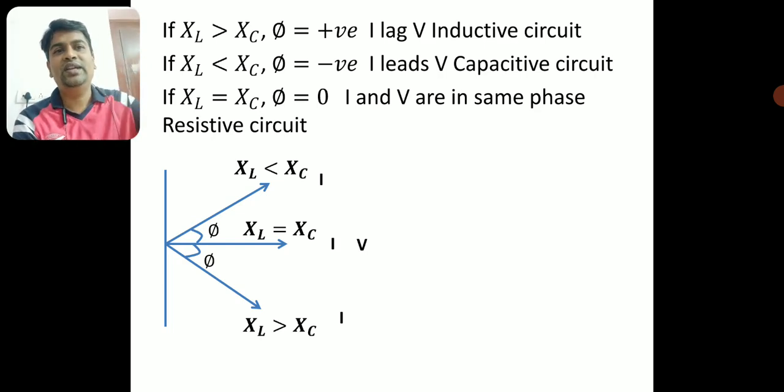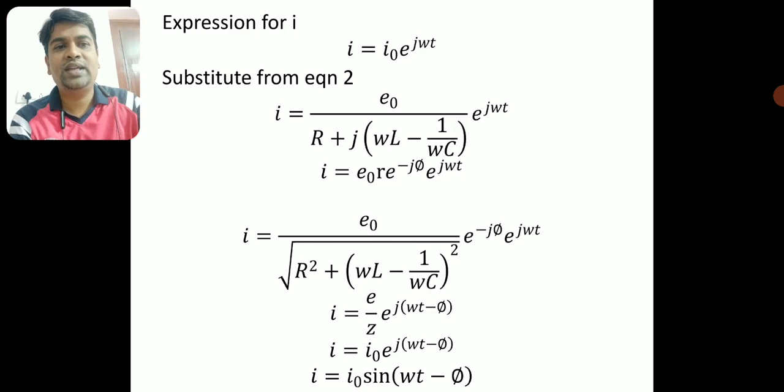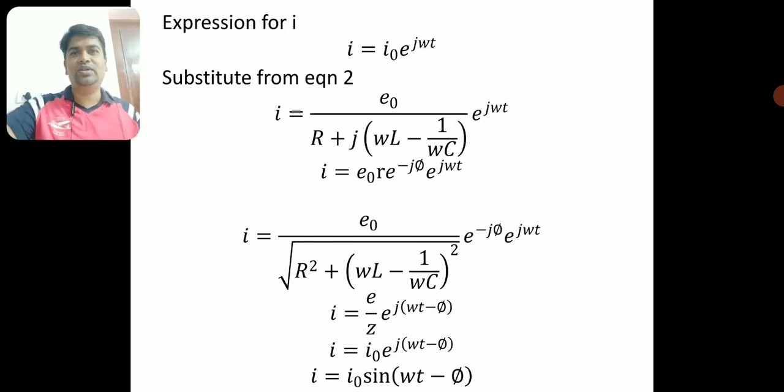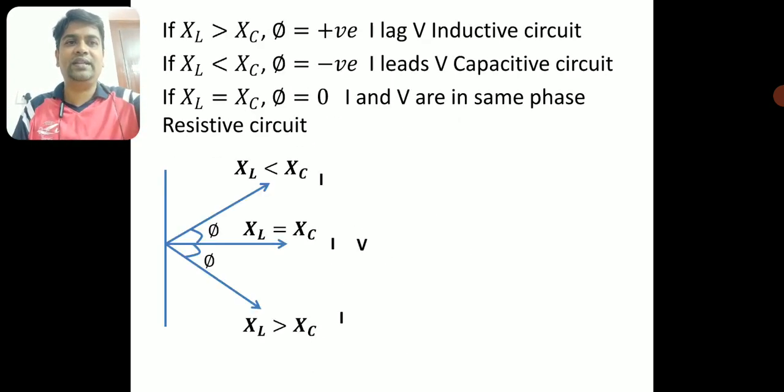If phi is positive, go back and see this equation: I is equal to I naught sine omega t minus phi. Because phi is positive, you are getting a minus sign in the current equation, but the voltage equation will remain the same. I am getting a minus phi in the current equation. So it is very clear that the current is lagging. Current lags the voltage, and that means it is an inductive circuit.